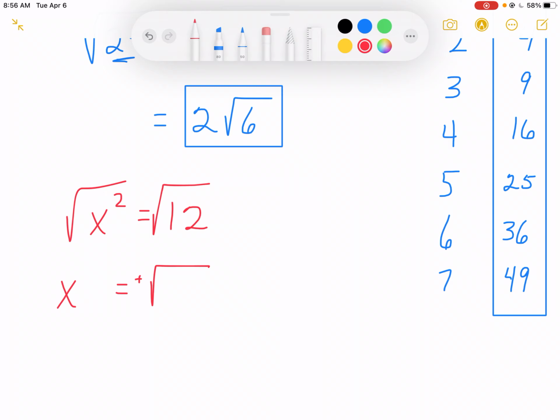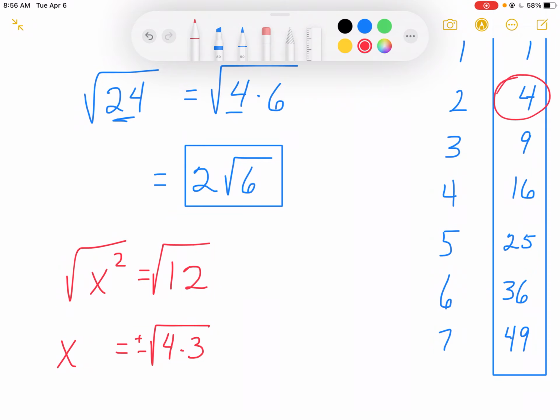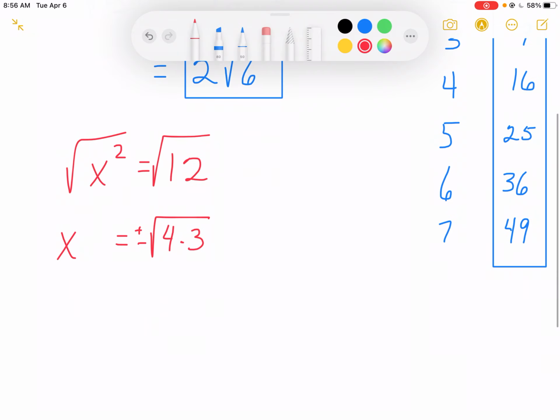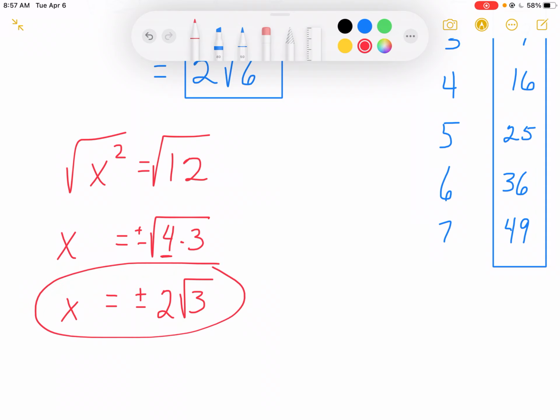And then let's go ahead and stick our plus or minus on front of it. Okay, but 12 breaks down into 4 times 3, with 4 being the important number there, right, from the perfect square list. And so then I can take it one more step. I can simplify it to 2, because the square root of 4 is 2. 2 square root 3, plus or minus. And that's how I would leave my answer.